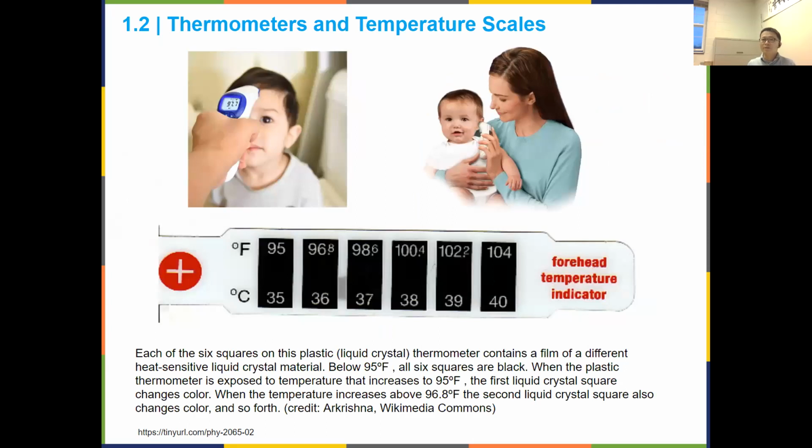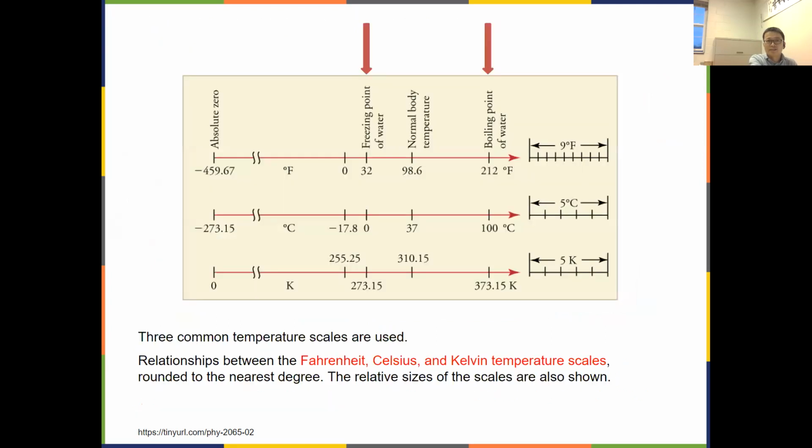And you can use thermometers to measure temperature, and you can have different scales. You can have the Fahrenheit scale, the Celsius scale, or the Kelvin scale. And we talked about how to make conversions from one scale to another. So 9 degrees in Fahrenheit will be about 5 degrees in Celsius.